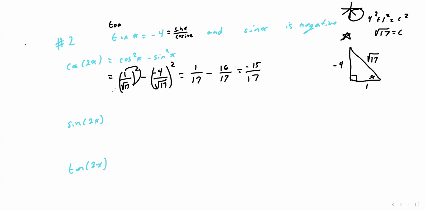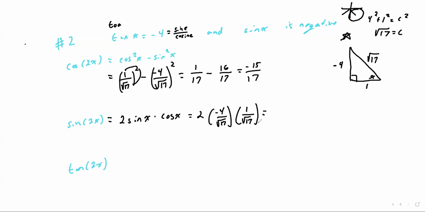All right. So with that said, now let's find the sine double angle. And this one was 2 sine x times cosine x. So just like up here, I'm going to plug in my information. We now know sine x is just going to be -4 over the square root of 17 times cosine of x, which we now know is 1 over the square root of 17.